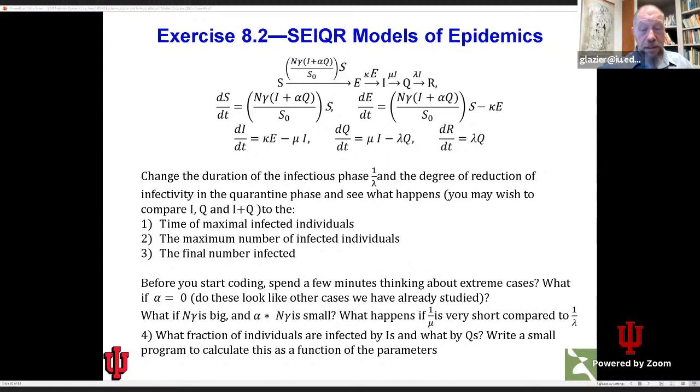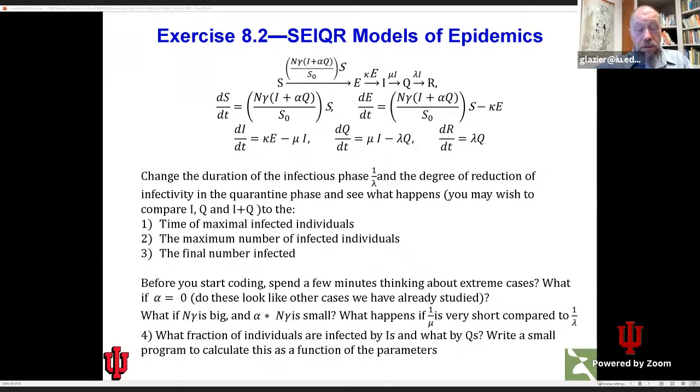So alpha is a result essentially of the society. It depends on what alpha represents. If alpha is actually representing a physical quarantine, then it would depend on how effectively you are isolating the people who are quarantined.